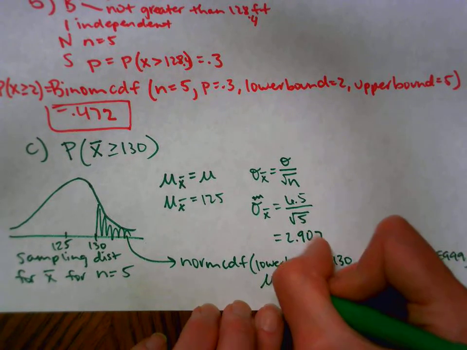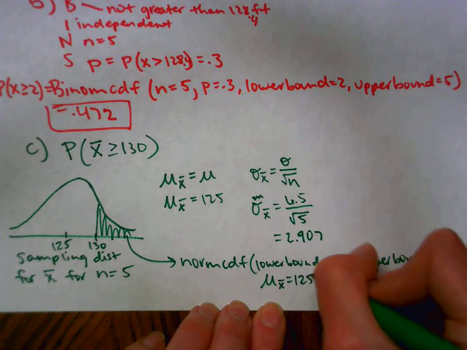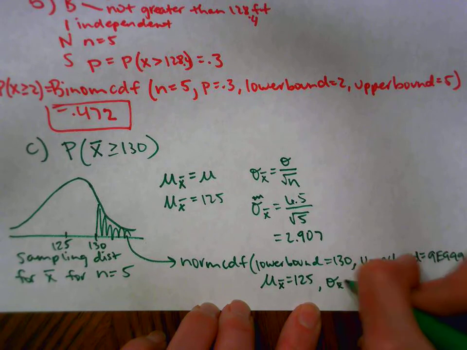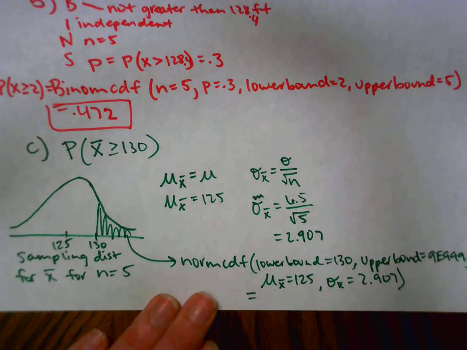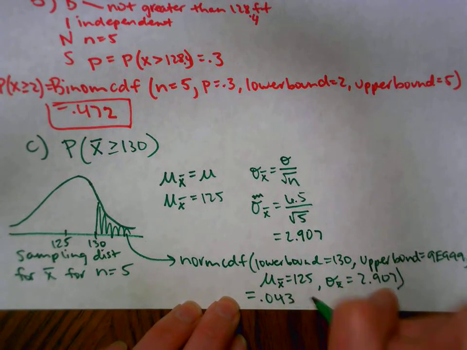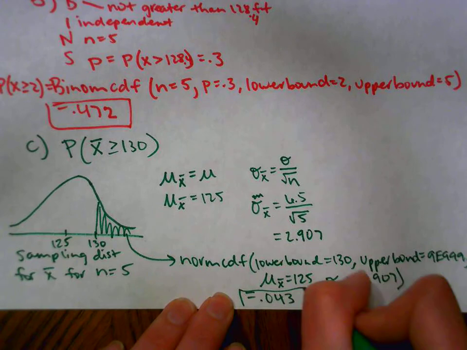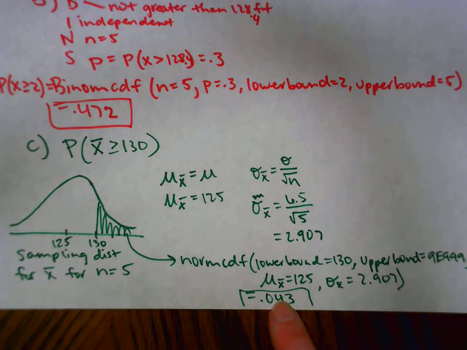The mean of your sampling distribution is 125, and the standard deviation of your sampling distribution is 2.907. And if you type that in your calculator, you should get 0.043. So that's the probability of getting our sample result of 130 or something greater.